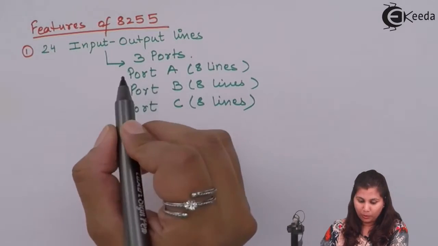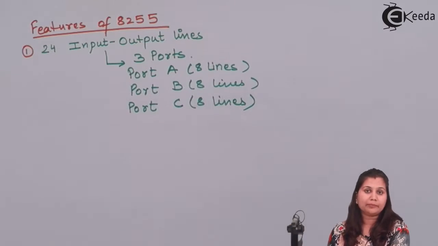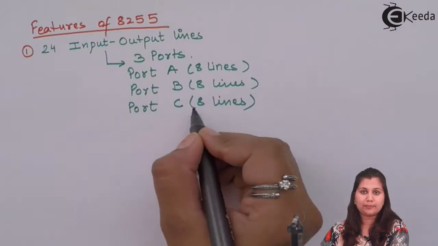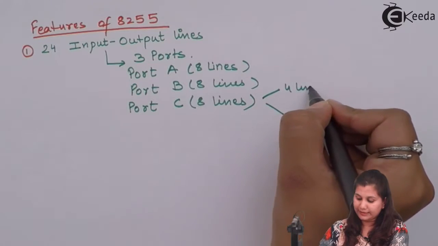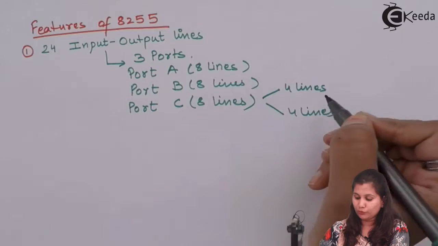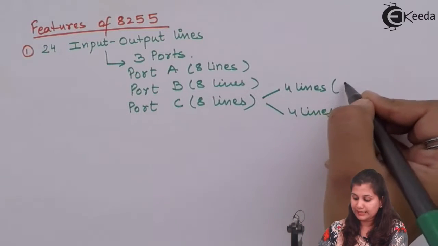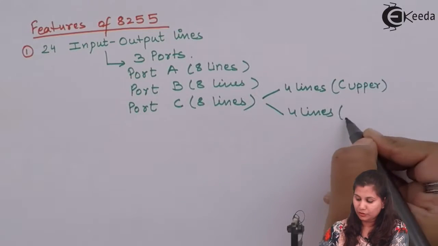Now port A and port B have one 8-bit output and input buffer associated with them, whereas port C doesn't have any buffer associated with it. Also, the 8 lines of this port C can be divided into 4 lines each. So these 4 lines are known as C upper and C lower.